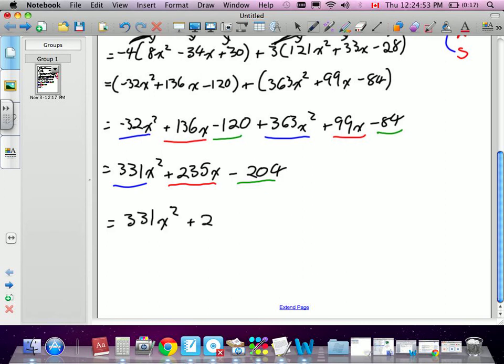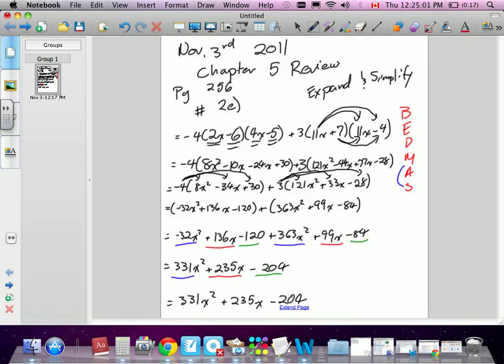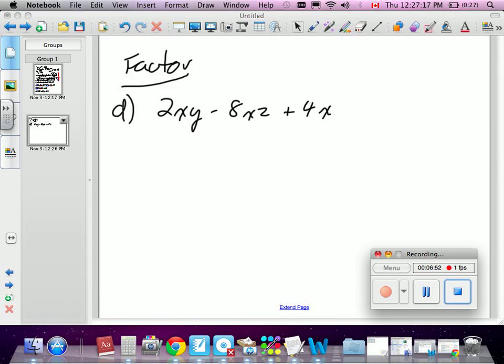So without the lines underneath, our answer is 331x squared plus 235x minus 204. A lot of work.